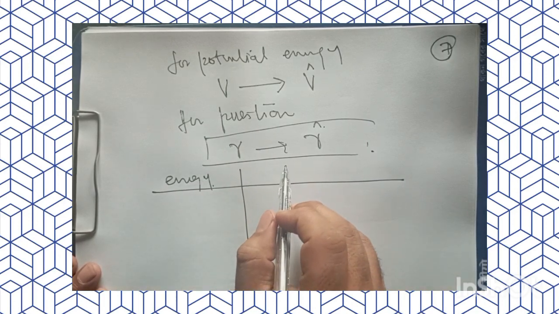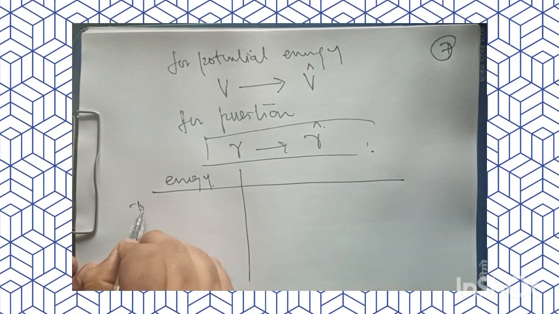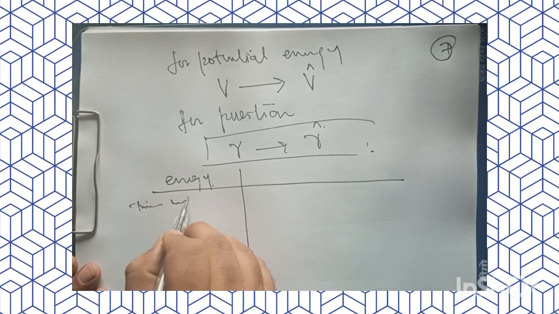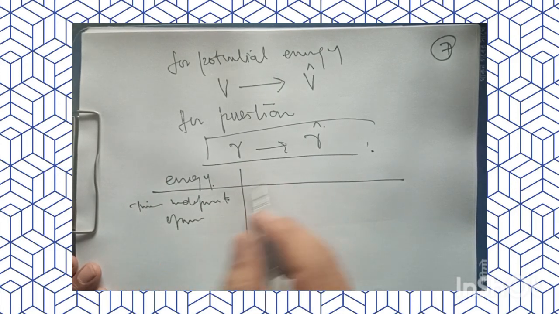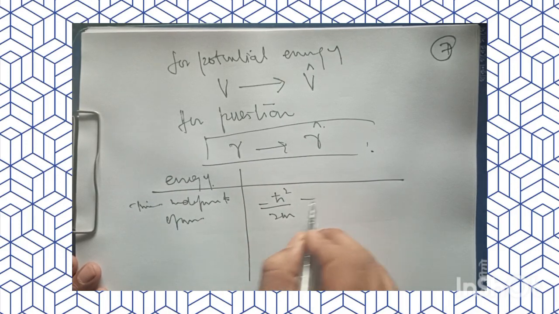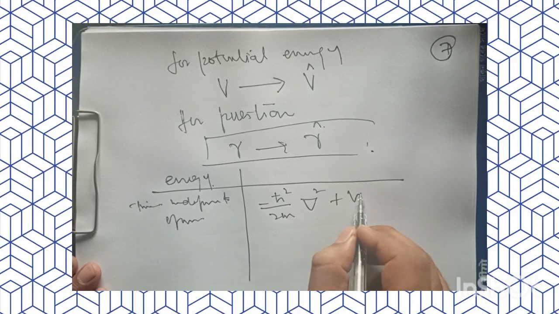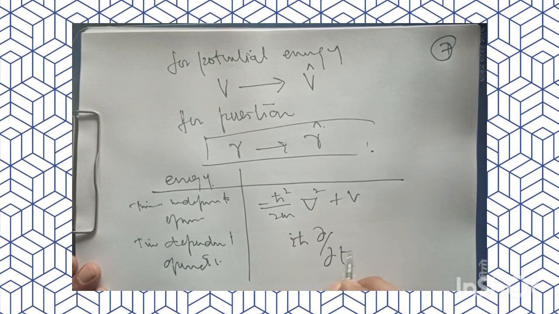One we have is the time independent operator. And what is that? That is minus h cross square by 2m del square plus V. And we have the time dependent operator, and that time dependent operator is i h cross dou by dou t.